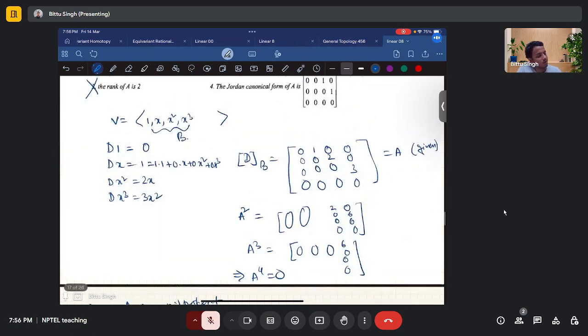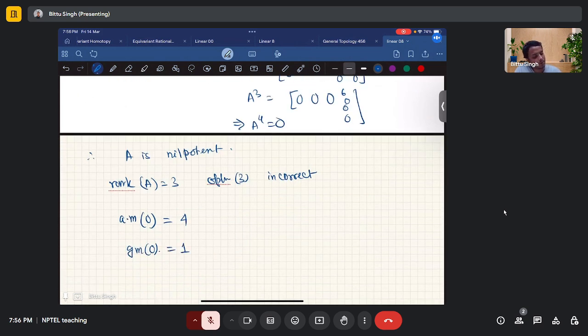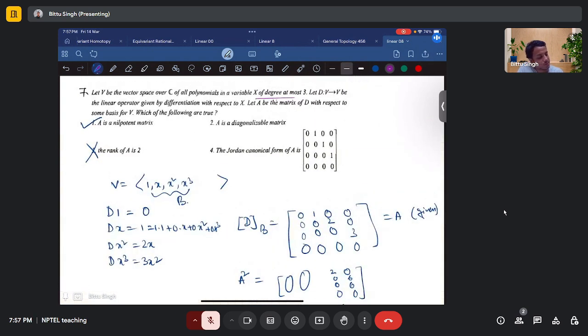So what is the nullity of this matrix? Rank is 3, therefore nullity of this matrix is 1. So nullity is 1 means the geometric multiplicity of 0 is 1. So again we found that this is strictly less, therefore GM is not equal to AM. Those are not equal. So this is not diagonalizable. A is diagonalizable, this is false.